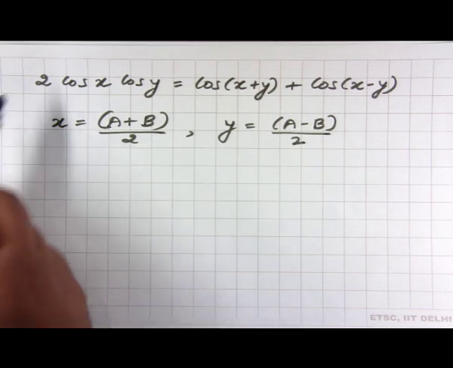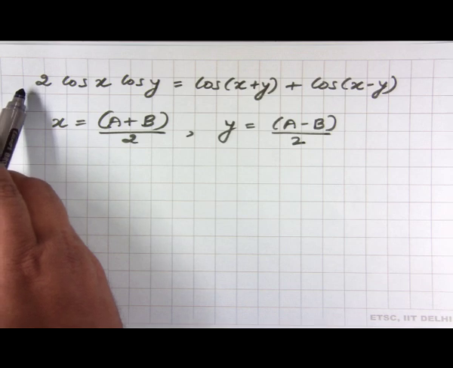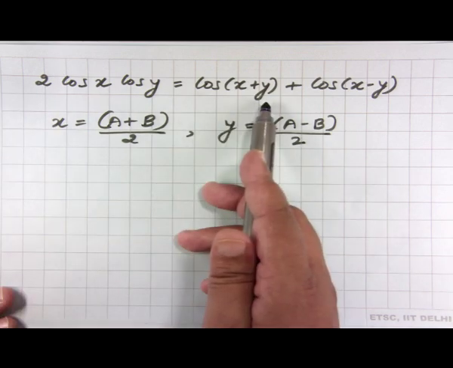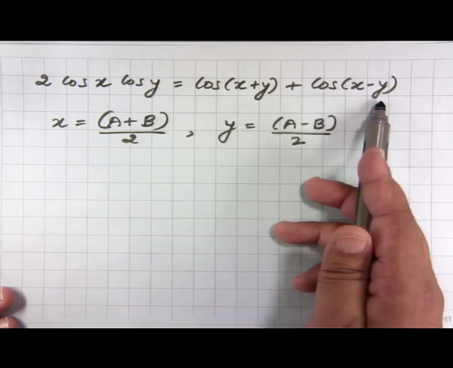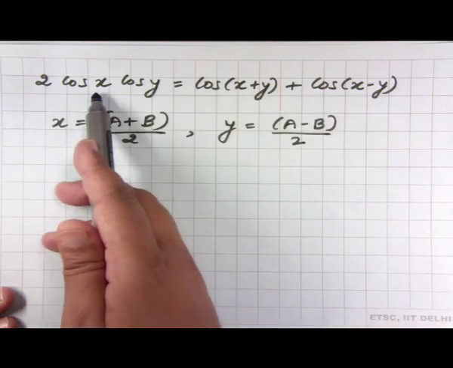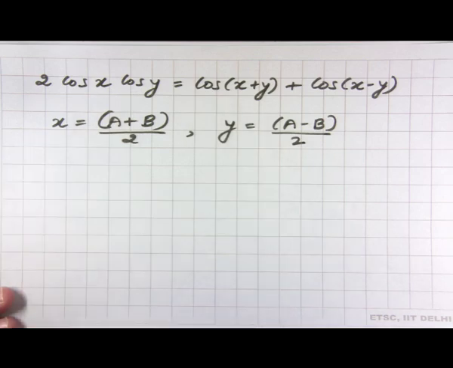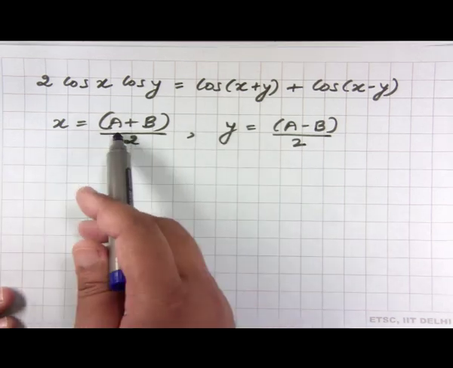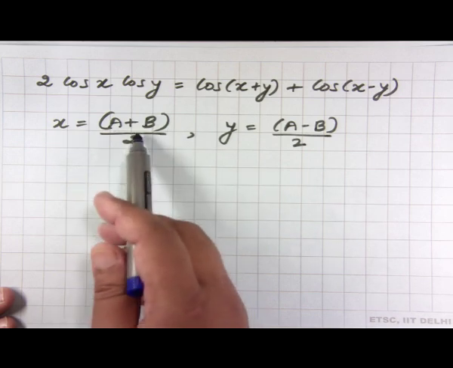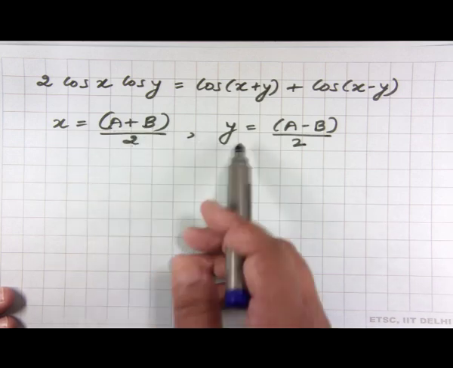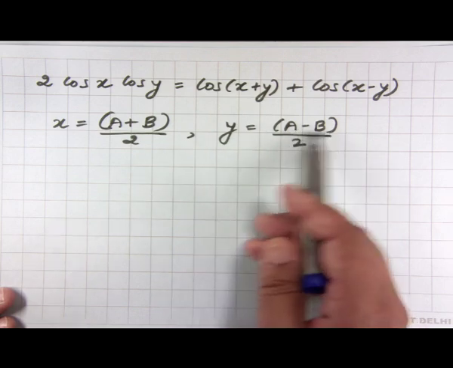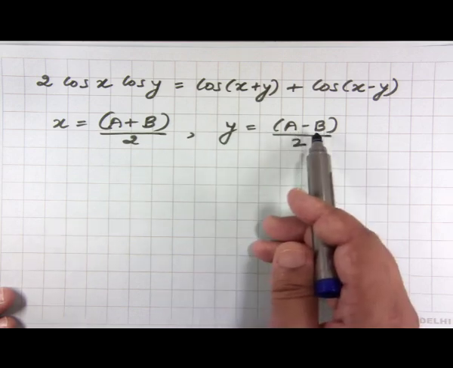We already know this equation that cos(x plus y) plus cos(x minus y) is 2 cos x cos y. Now, suppose that x is actually equal to half of the sum of two different angles and y is half of the difference of these same two angles a and b.